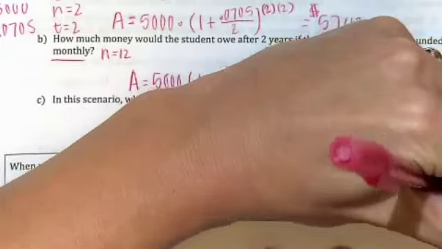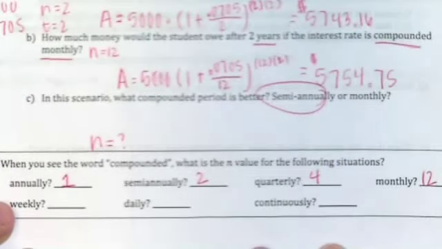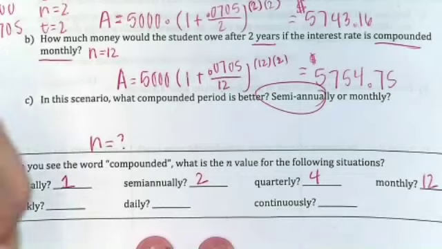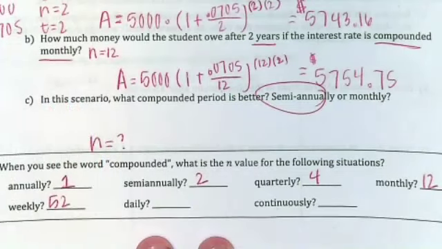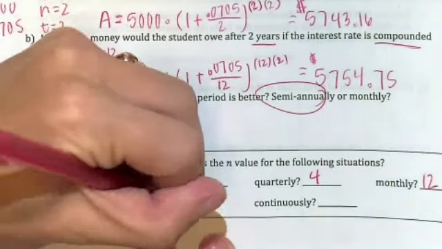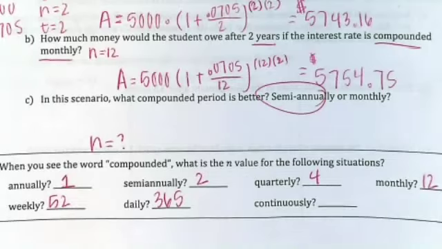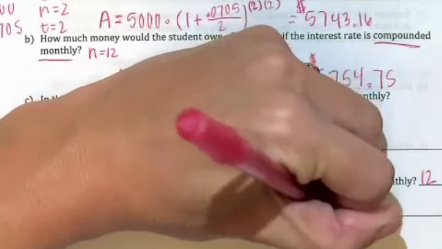Monthly, N is 12. Weekly, how many weeks are in a year? That's kind of what I asked myself. 52 weeks in a year. Daily, there's 365 days in a year is what we use. You don't have to assume it's a leap year. Continuously, we don't know that one yet.